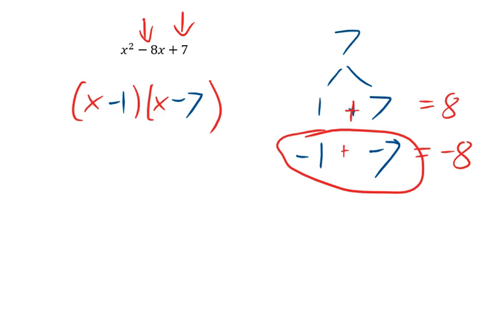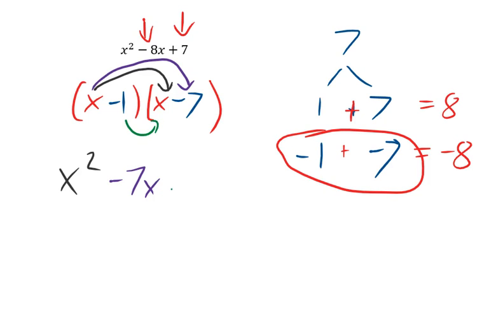I can check my answer, by the way, by redistributing. I can do FOILing. So first, I do x times x, and I get x squared. Then I do outer, so I do x times -7, and I get -7x. Then I do inner, and I get -x. Then I do the last ones, and I get +7.